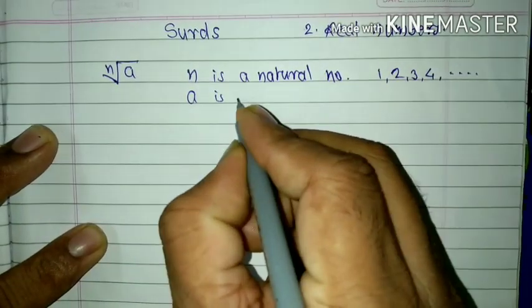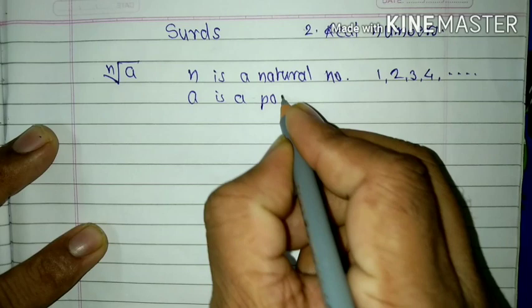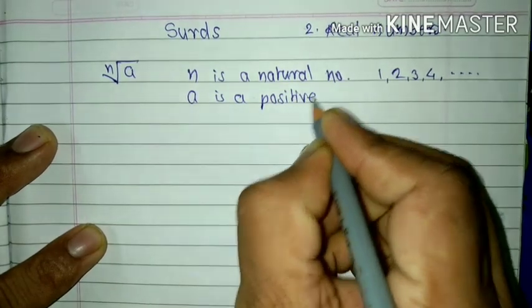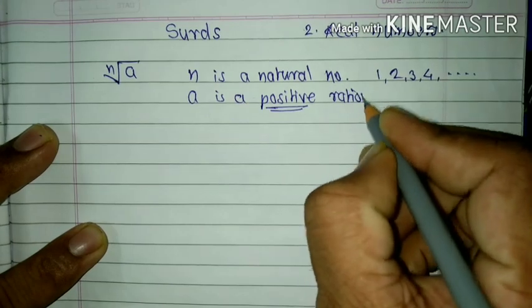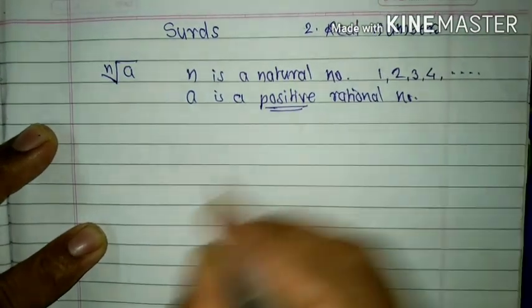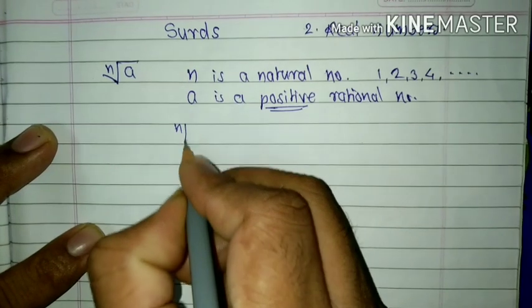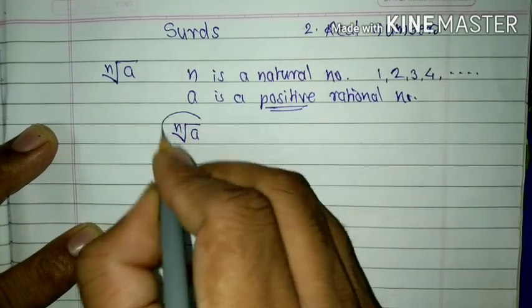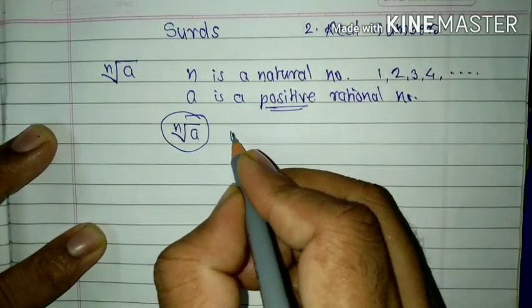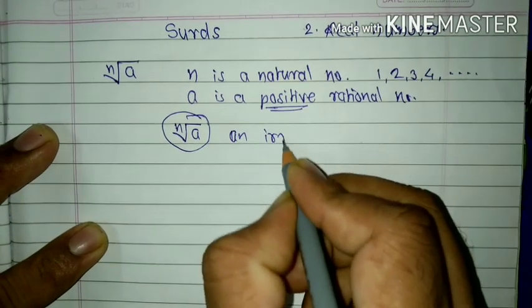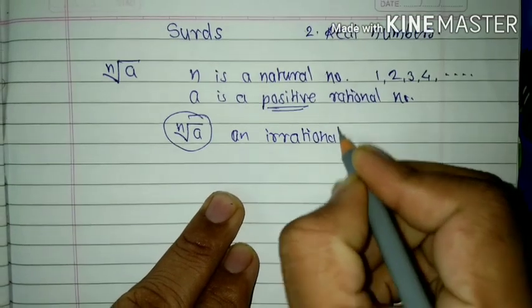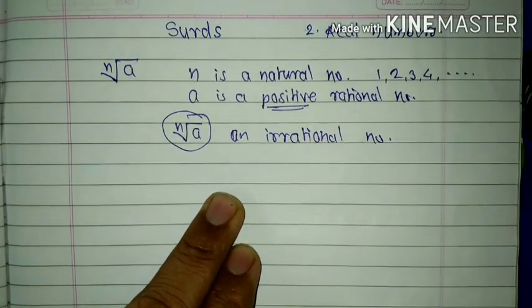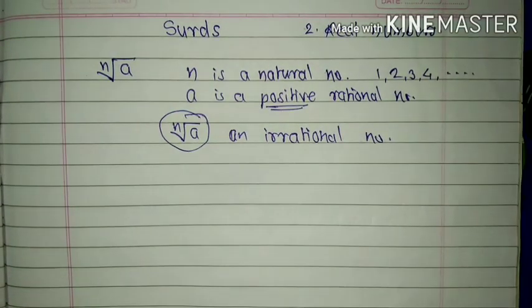Positive is a very important word, negative is not allowed. And overall, the nth root of a must be an irrational number. Then we can say that this is a surd.